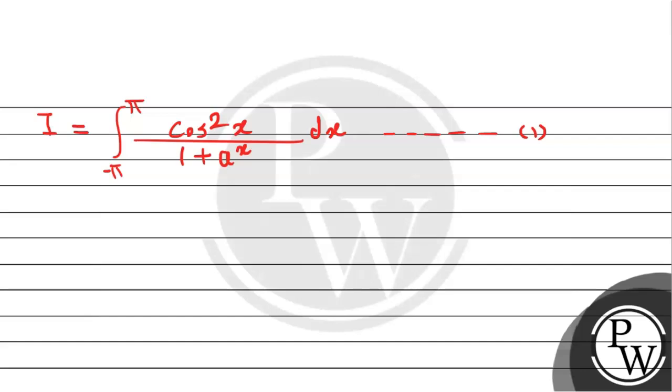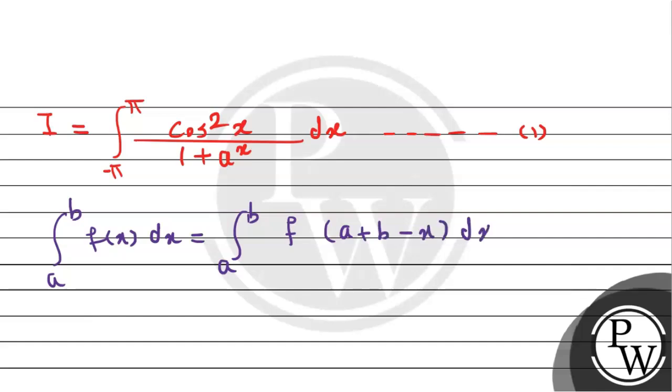Now we will apply the property, that is, integration of a to b f of x dx is equal to integration of a to b f of a plus b minus x dx.